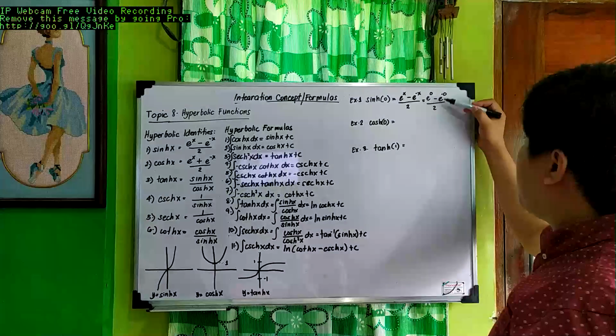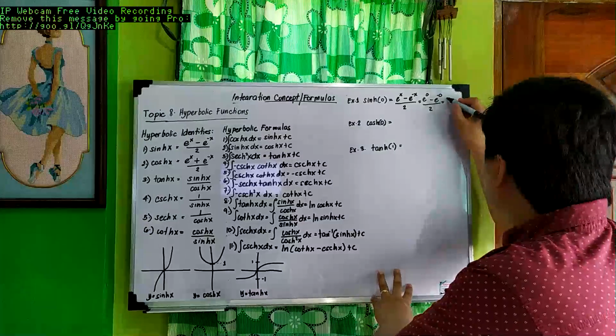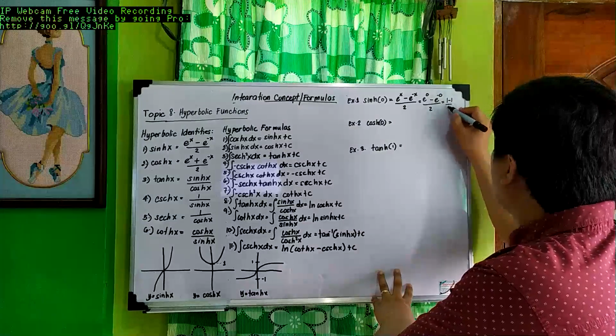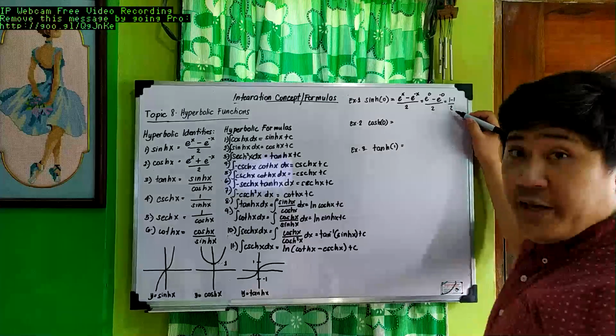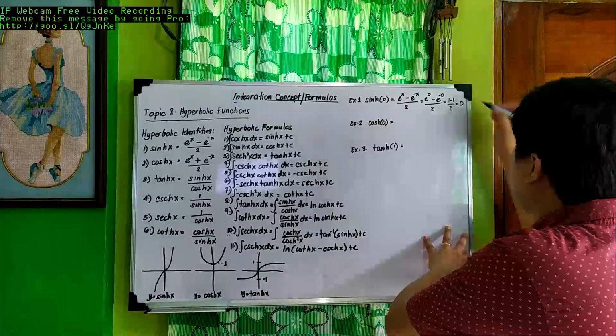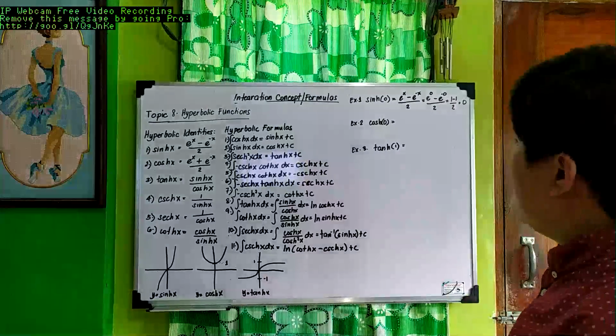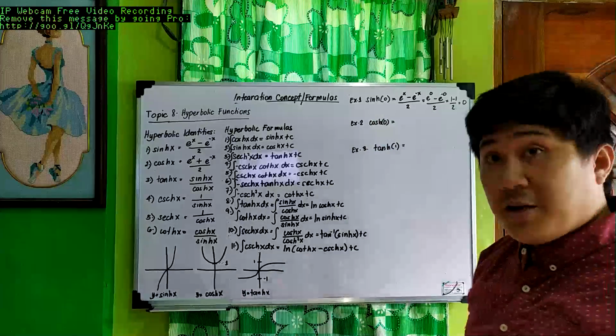Any number raised to the power of 0 is equivalent to 1, right? So 1 minus 1 over 2. 1 minus 1 is 0 over 2. That will give you 0. Okay? So sine hyperbolic 0 is equivalent to 0.